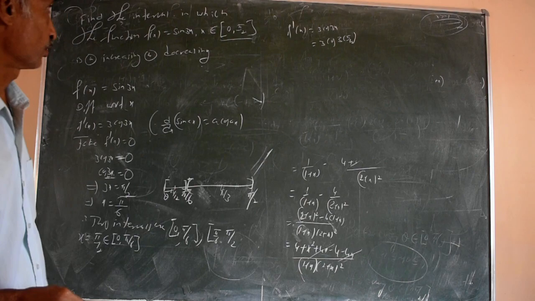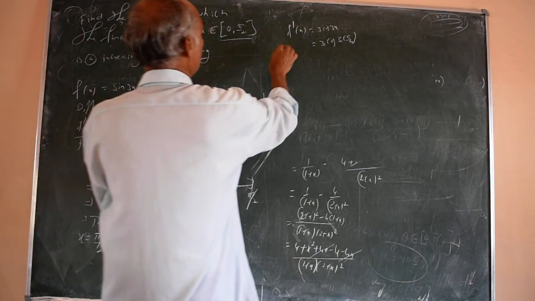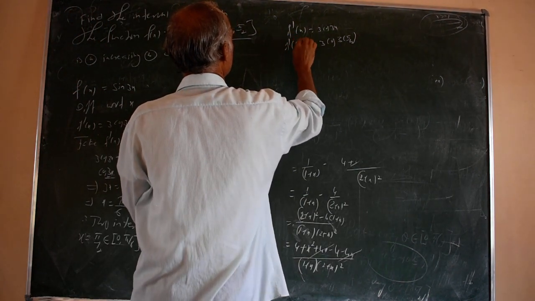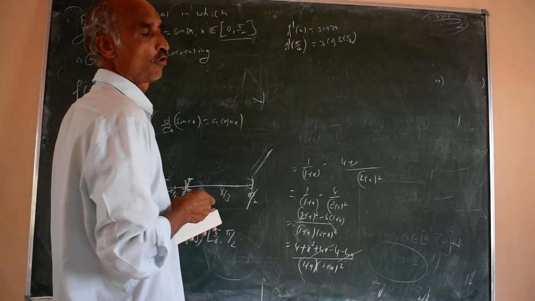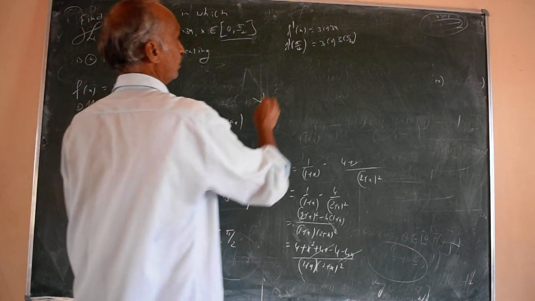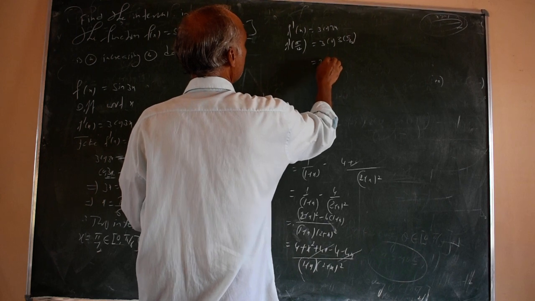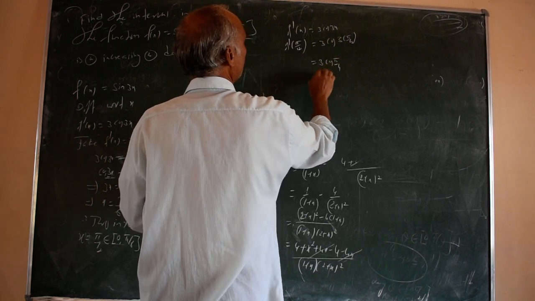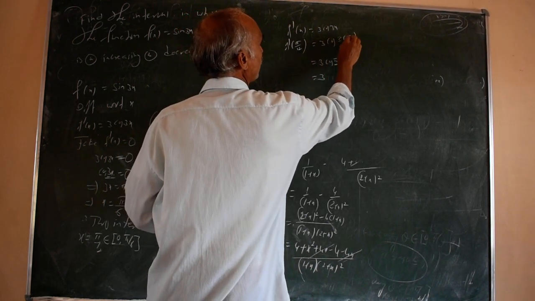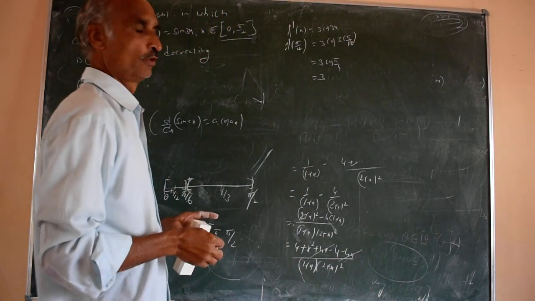So f dash of pi by 12 is 3 into cos of 3 into pi by 12, which is 3 into cos pi by 4.